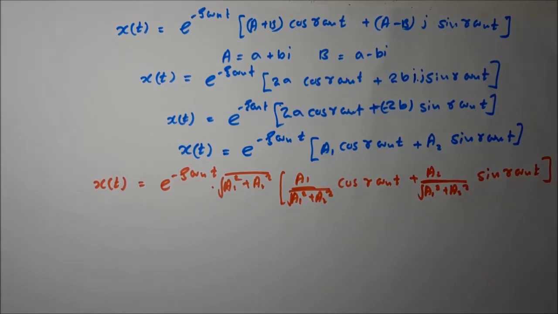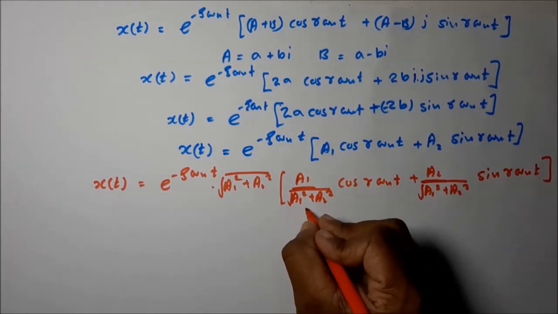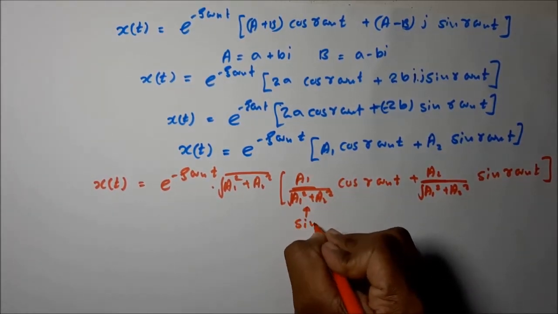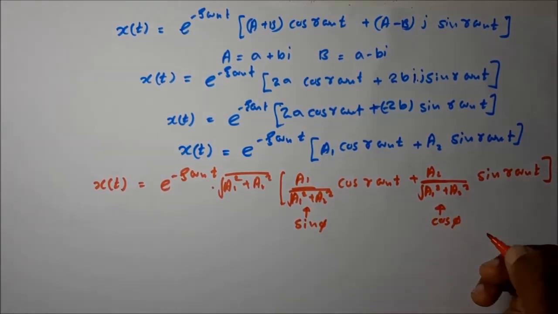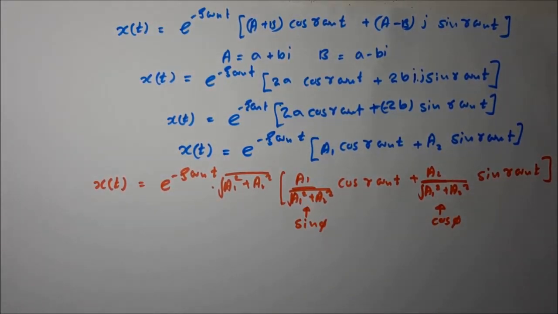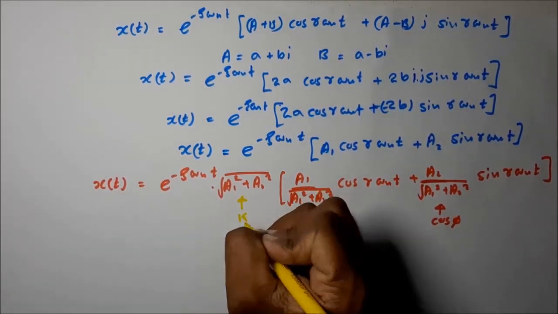Then if you take this, I'm going to put sin φ for this one and cos φ for the other. I think you are all familiar with these calculations. For this term, let's take the k.